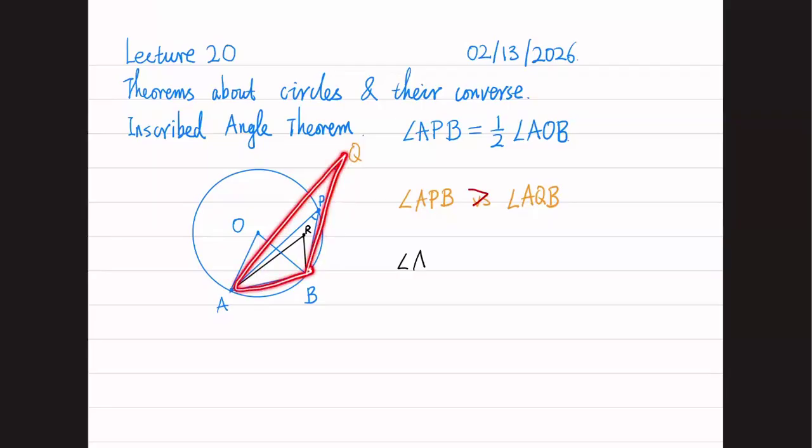If we sum these three angles, we get 180. Now for this triangle, if we sum these three angles, we also get 180. However, this component is smaller than this one. So you're saying that APB has greater angles than AQB? Yes.